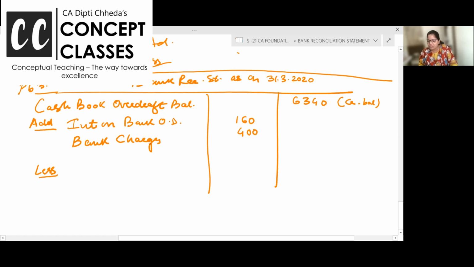Check issued but not cashed prior to 31st. I have issued the check. So while issuing the check, I credited the bank. When I issue the check, I credit the bank account. But they didn't take any action. So now what should I do? Debit. And this is already credit and now I have to do debit. So what should I do? Less. And what do I write here?